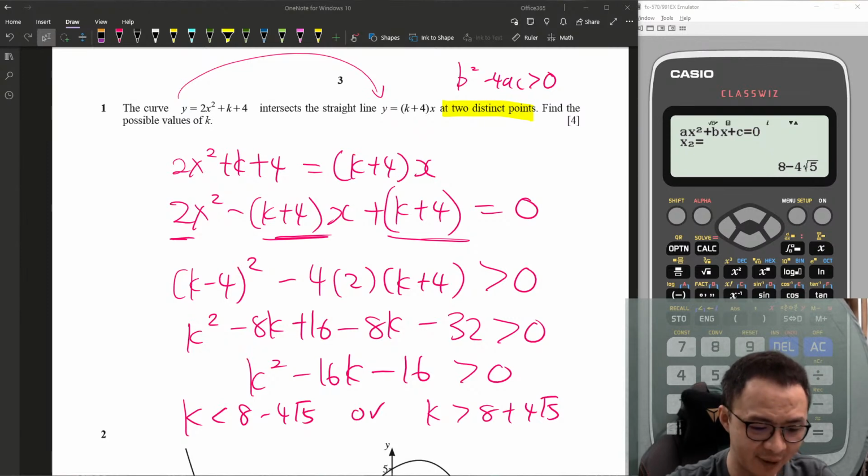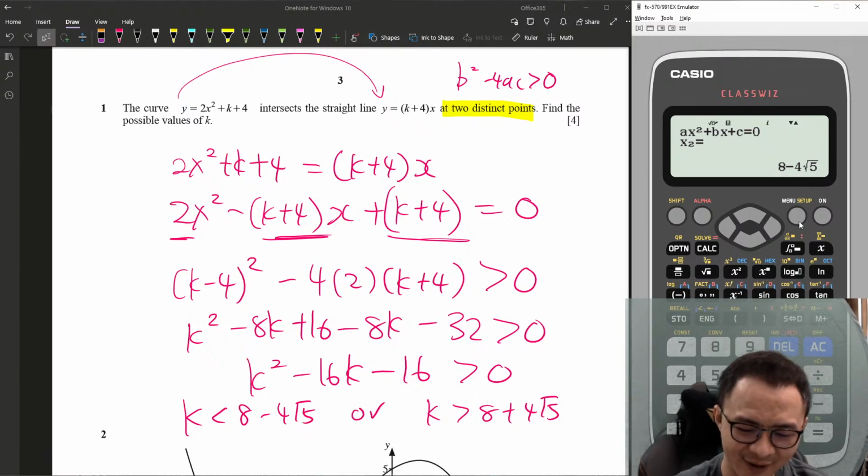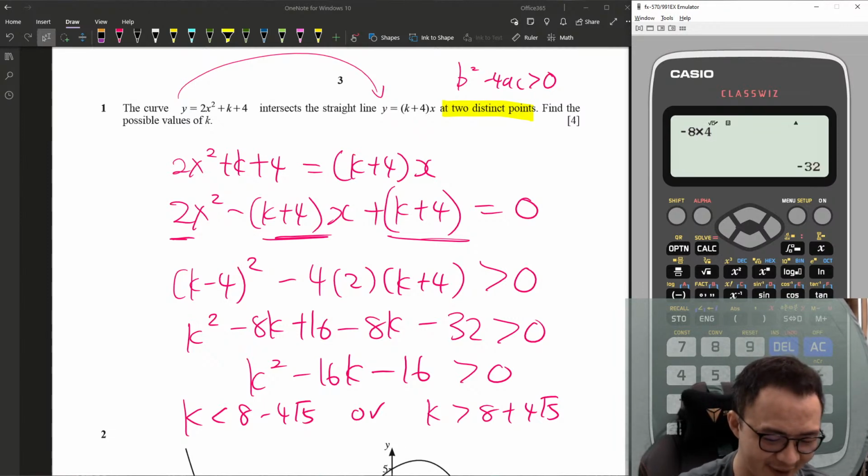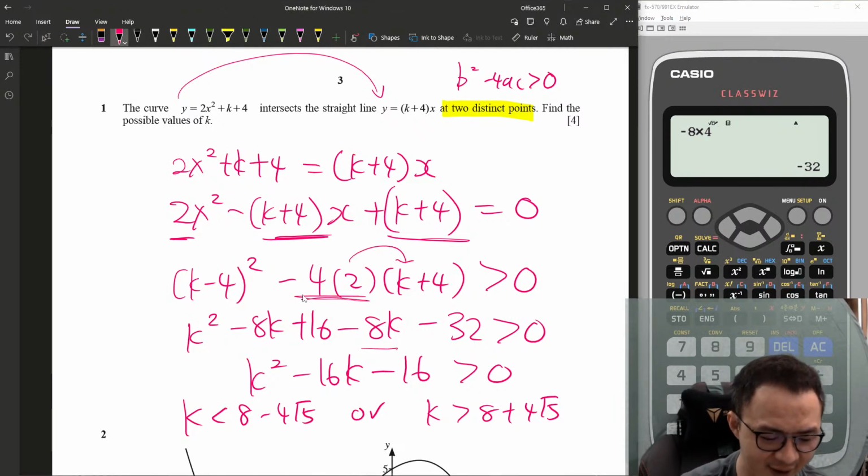Sub this value back into that, then move the k plus 4 x to the other side: minus (k plus 4)x, and then plus (k plus 4). b squared minus 4ac. Negative 8 times 4 is 32, right? Sometimes I just don't trust my brain. This is negative 8k.